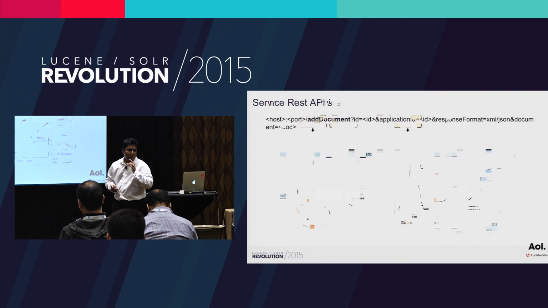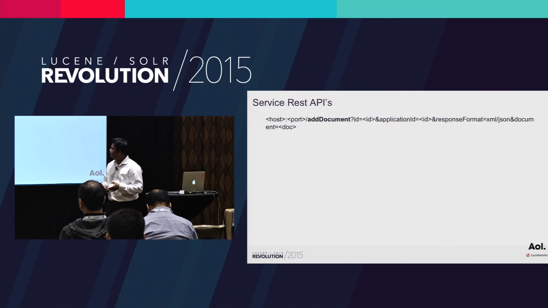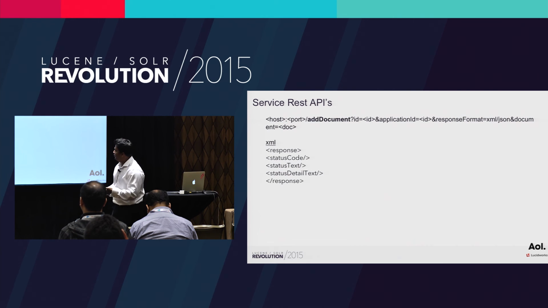Just to give a quick example of what the API looks like, we have a generic API: host, port, add document. You give it an ID, which would be like your user ID, and the type of application, for example mail. It could be service 1, service 2, photo service, whatever, if you decide to use Tika. Then you specify the format of response you want, and then you actually give your document, a simple update JSON document in text.